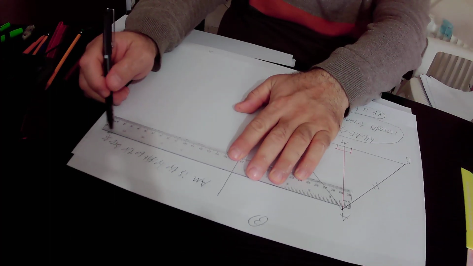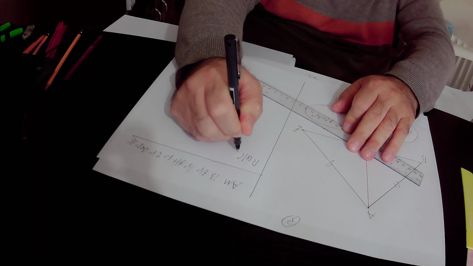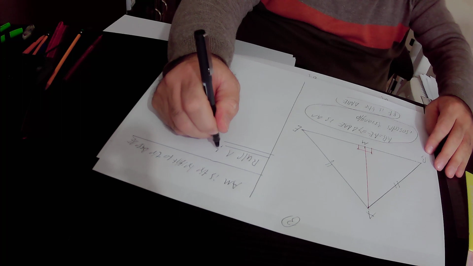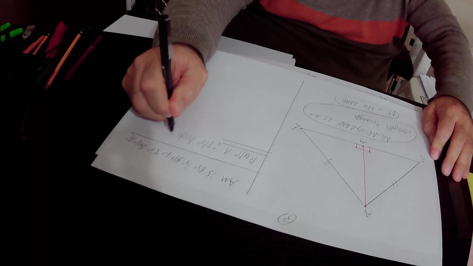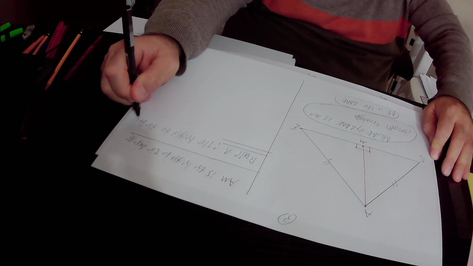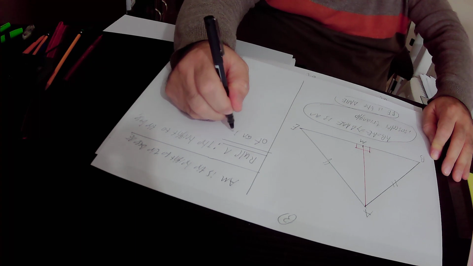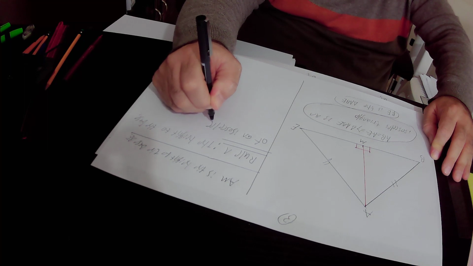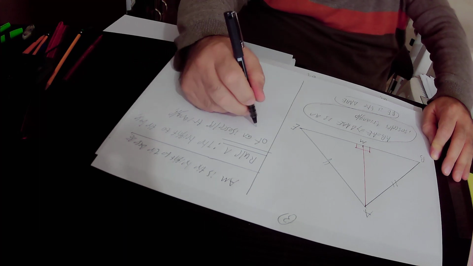And we have rule number 1. According to rule number 1, the height to the base of an isosceles triangle bisects the base.